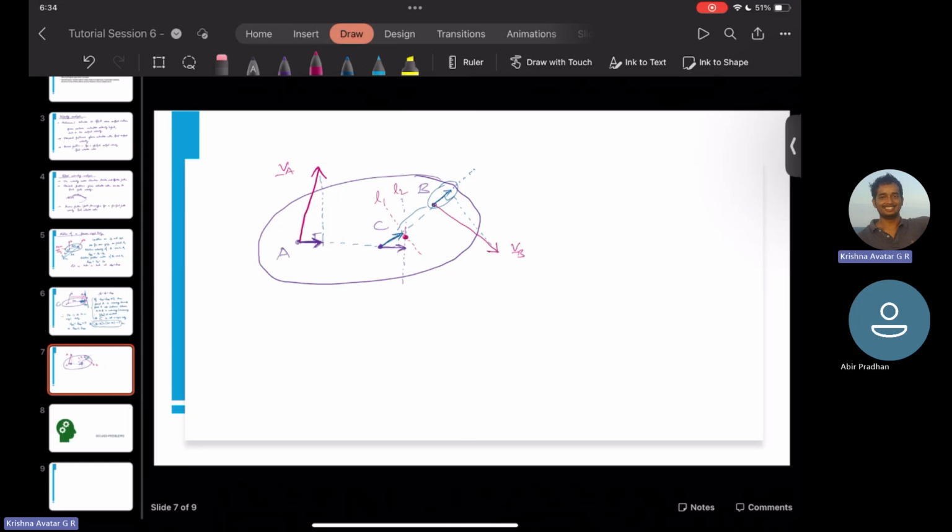And we connect this intersection point with the point C, which is essentially this. And this is our velocity vector at C. So this is how we determine the velocity vector at any other point C, provided we know the velocity vectors at points A and B, isn't it?